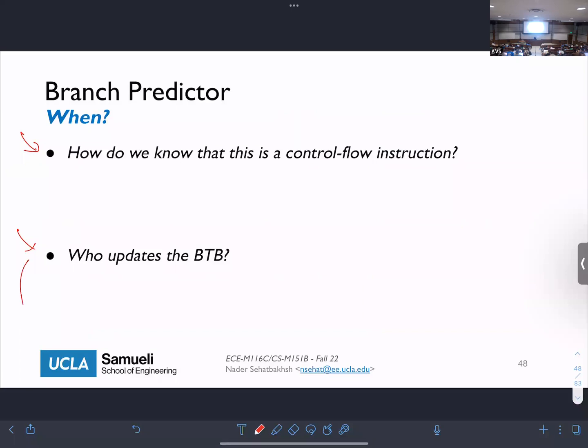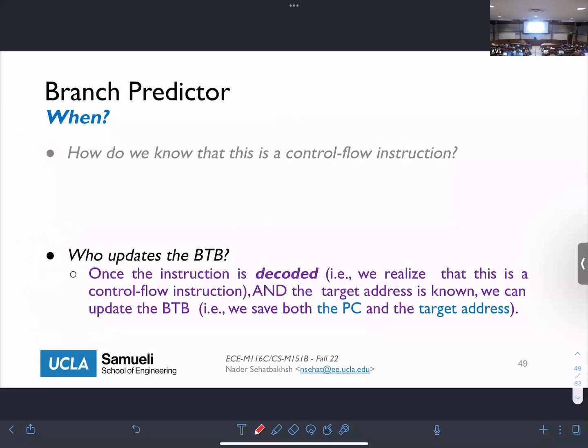Let me answer this first, and then I'm going to jump into the other, because this is kind of related to that one. Who updates the BTB is basically our processor. We're not going to show the back channel to our BTB, but once the instruction is decoded, remember that we're still answering all those 3 W questions in the decode stage.